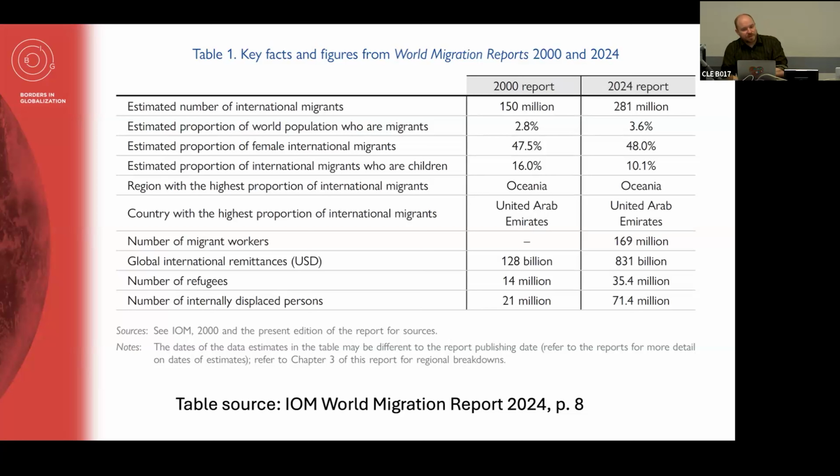The proportion of the world's population that are migrants has crept up from about 2.8% to 3.6% of the global population. And we can see across the board how some of these numbers have shifted, gone up, or in some cases gone down. In the case of children who are migrants, that number seems to be lower today than it was in the year 2000.